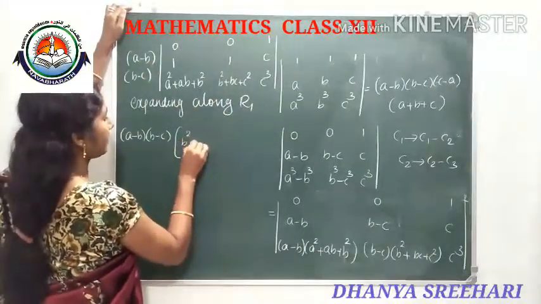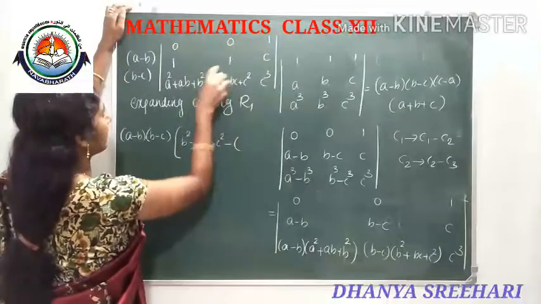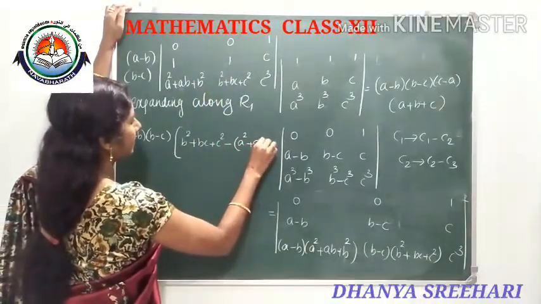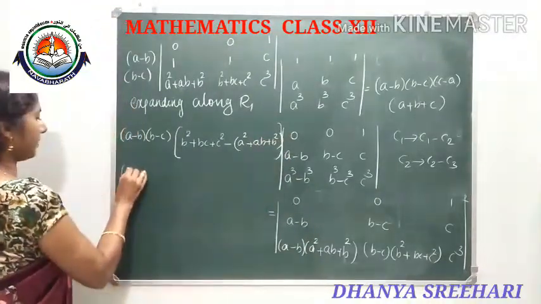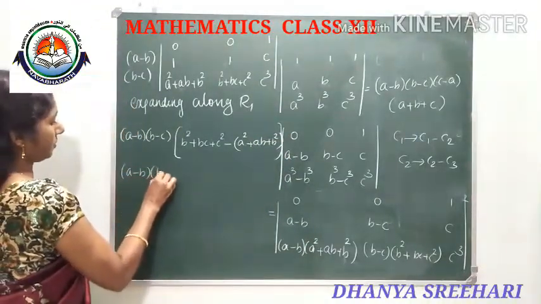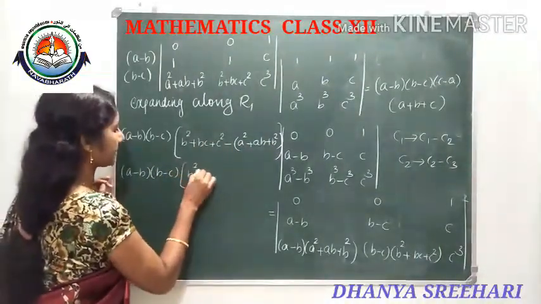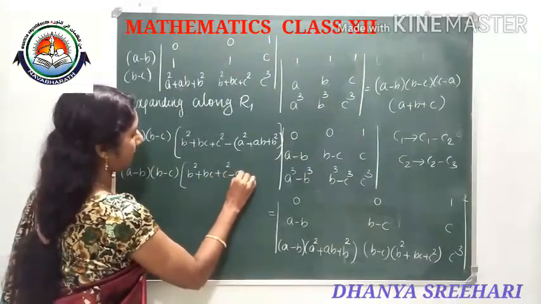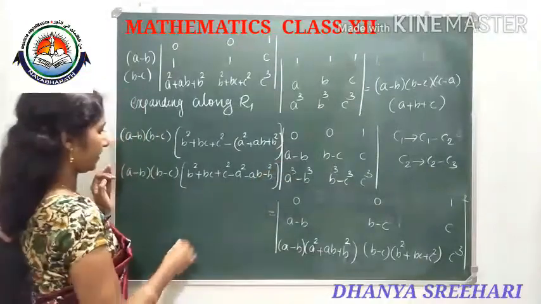So it will come b square plus bc plus c square minus 1 into a square plus ab plus b square. Now remove the bracket: b square plus bc plus c square minus a square minus ab minus b square.